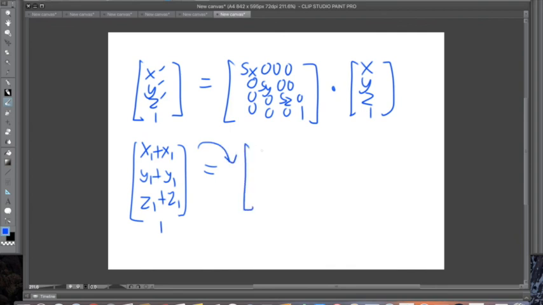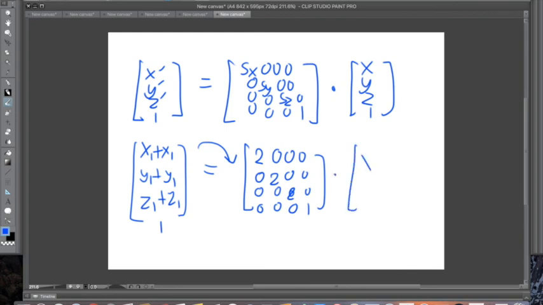So the Sx is the scale that we want to scale by. If we put 2, it will change the scaling into 2. So this is all for scaling.